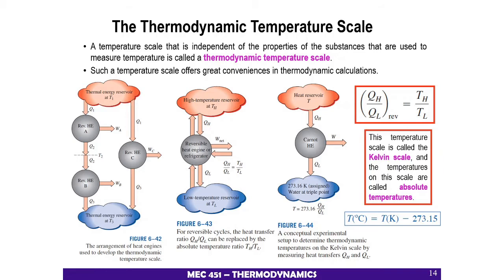Kelvin is Celsius plus 273. So Q hot over Q low is equal to T hot over T low, but this is for a reversible process. If it's irreversible, you cannot use this equation or the thermodynamic temperature scale. So this is valid for reversible processes.